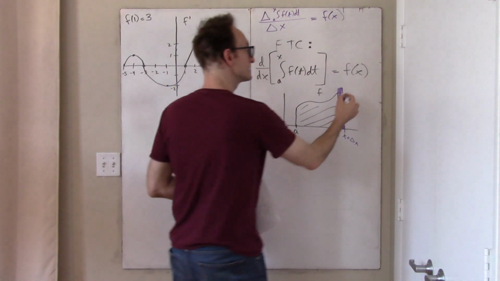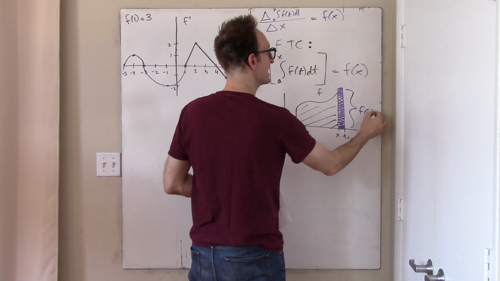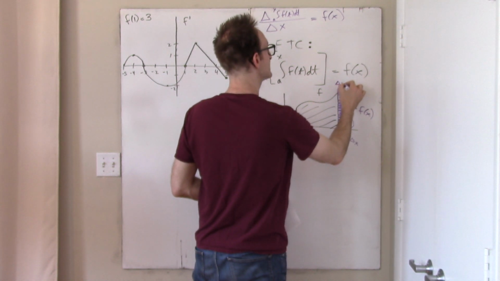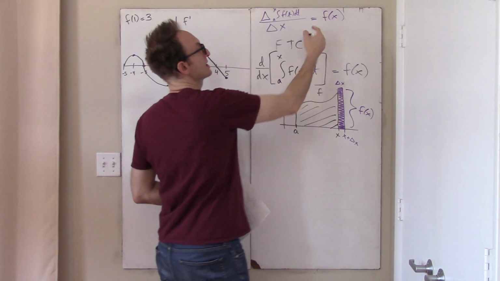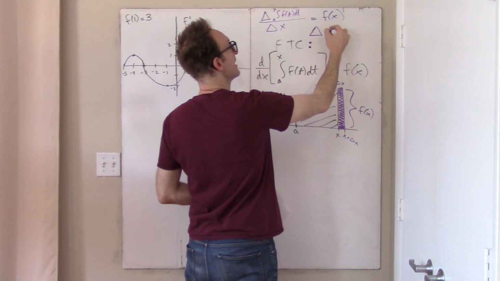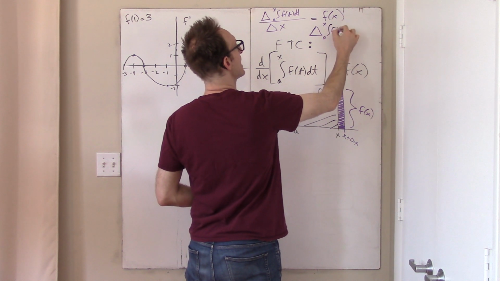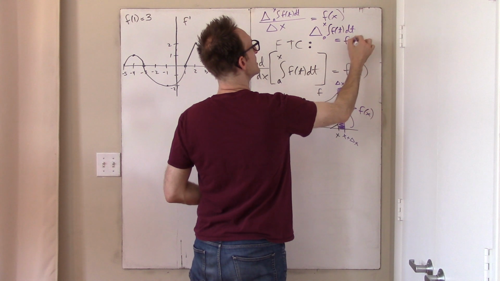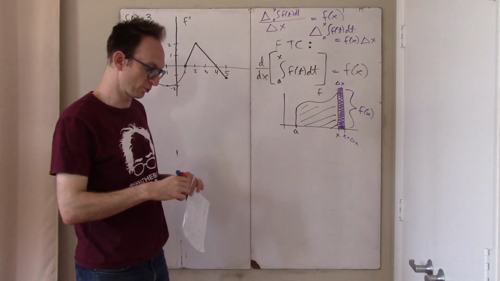And that's because what we have here is a rectangle whose height is whatever the function's value is at that point, and the tiny change in x is delta x. And so this is really just saying that the change in this tiny bit of area that we get is equal to the area of that tiny little rectangle that you just drew.